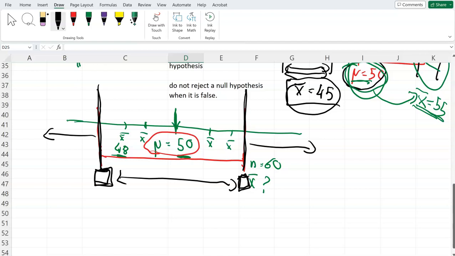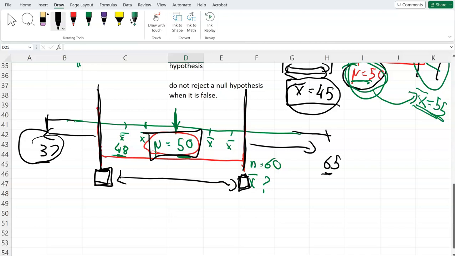Now let's say the sample mean is at 37, or let's say the sample mean is at 65. That means this number is so far away that it's unlikely we would get something this far away if the true mean is 50.